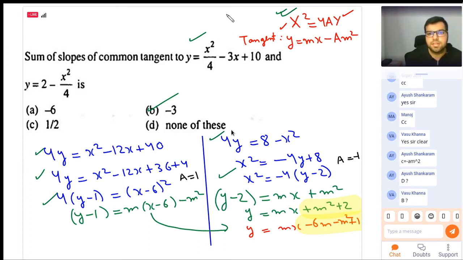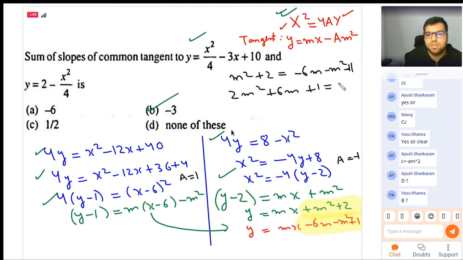I will say m square plus 2 should be equal to minus 6m minus m square plus 1. Their y-intercept should be same. So this becomes 2m square plus 6m plus 1 equals 0.